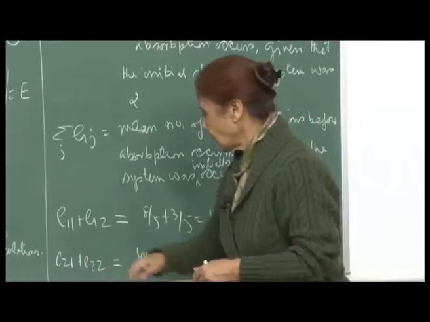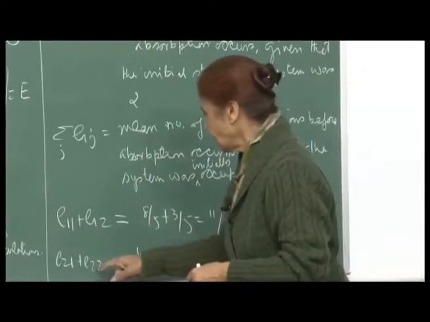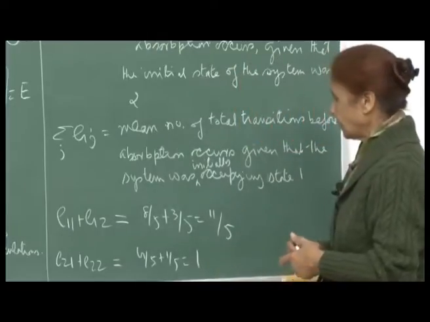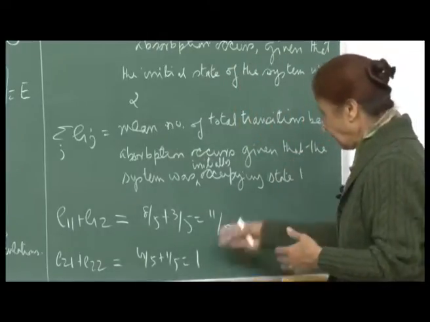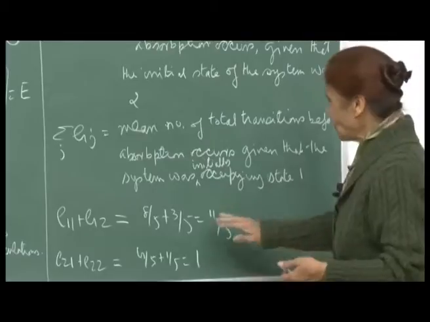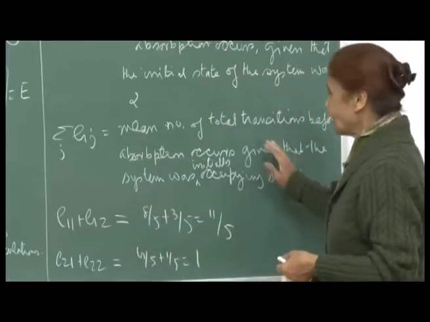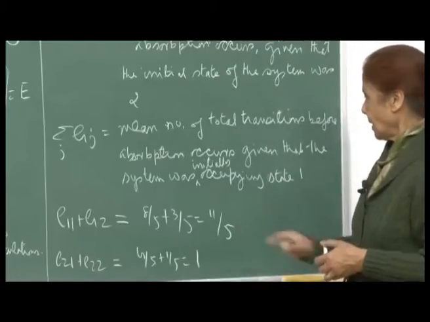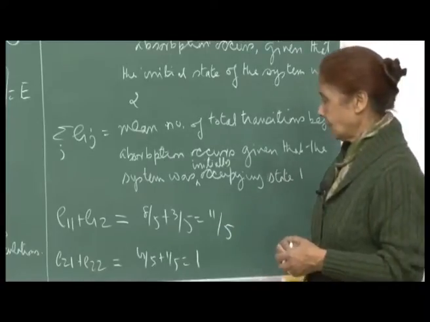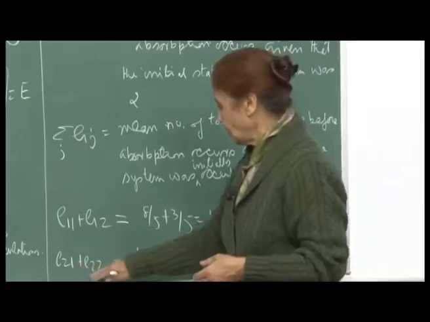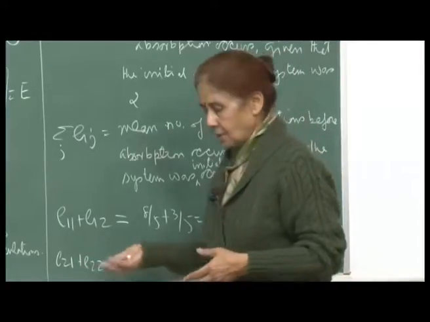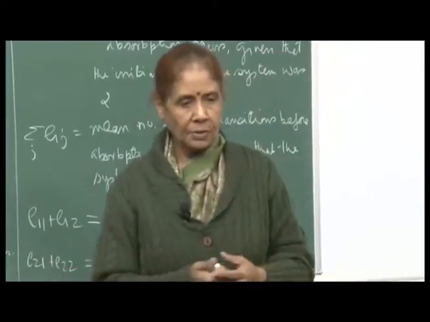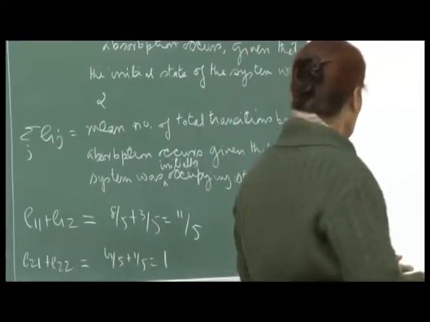In the case when you are starting from 2, it will be E21 plus E22, and that is 1. Again, it is not a probability, it is the mean number of total transitions. So, starting from 2, the number is 1, and this number is 11 by 5. Starting from 2, the absorption occurs faster on the average, that is what we are saying.